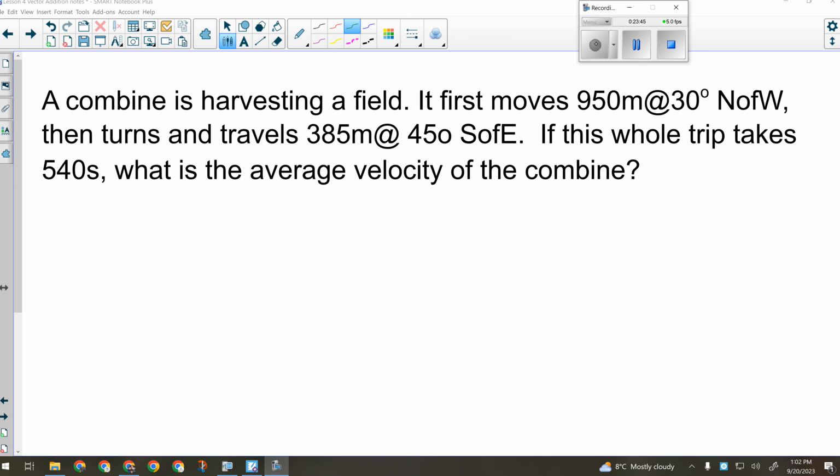Okay, guys, I'd like you to try this one. You've got a combine harvesting a field. First it moves 950 meters at 30 degrees north of west.